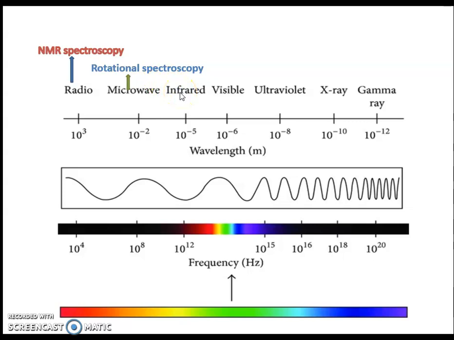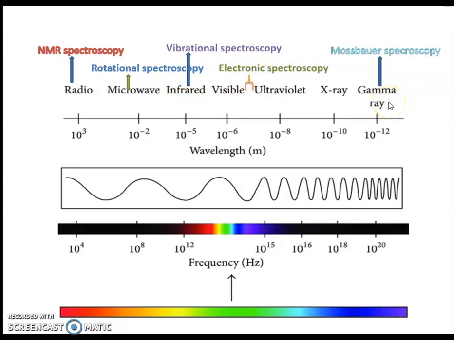Similarly, the infrared radiation can give rise to vibrational spectroscopy or IR spectroscopy. Visible and UV can give rise to electronic spectra, which is given by high energy transitions between electronic levels. Again, gamma rays can give Mössbauer spectroscopy. In the coming lectures, we will see each spectroscopy in detail.